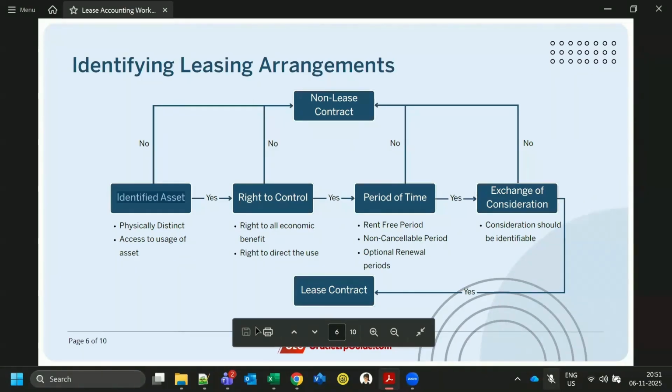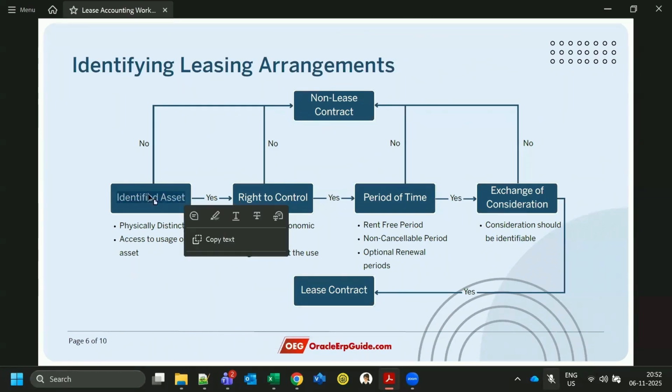Now you have rights or access to produce more than 90% of the total capacity, which means that you have the asset with you, and it's not just a service contract of renting out to someone else and asking for their services to create those units or quantities. So the first condition will always remain being an identified asset. If there's no asset in the contract, it cannot be termed as a lease contract.